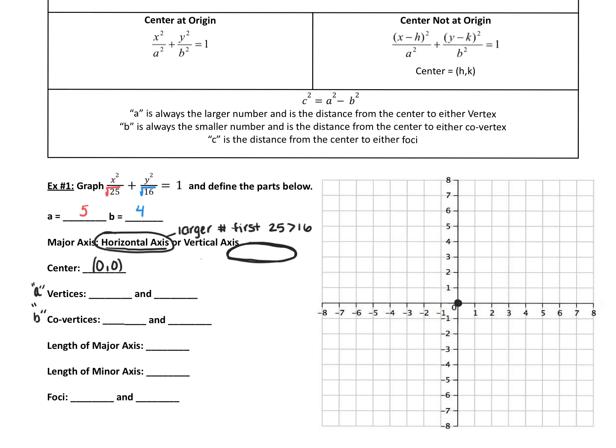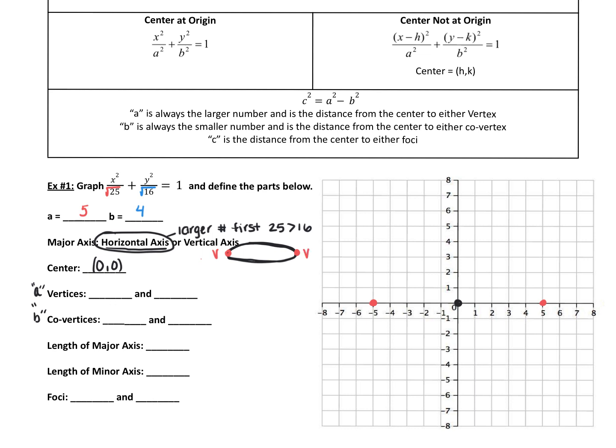So A is always the distance from the center to either vertex. So A, since it's 5, we're going to go to the right 5 and left 5. So here and here. And these spots are called my vertices. So I'll put V's there for vertices.